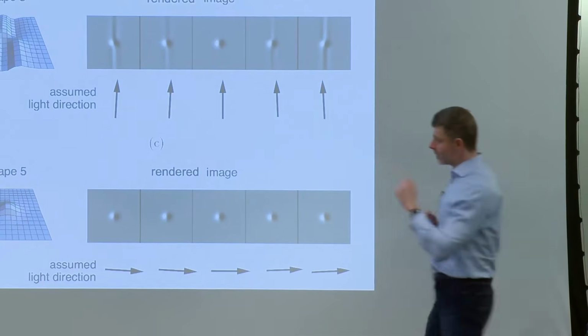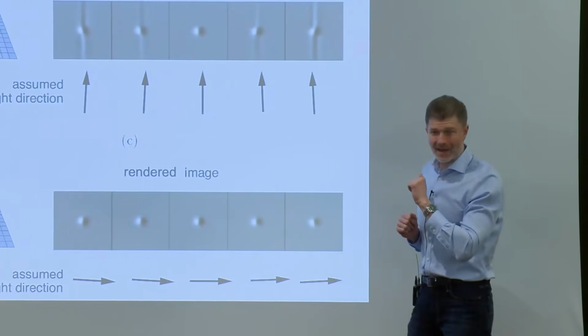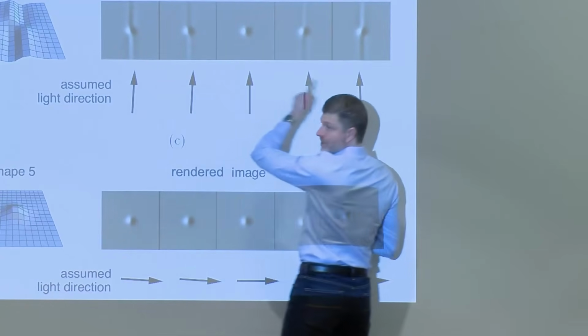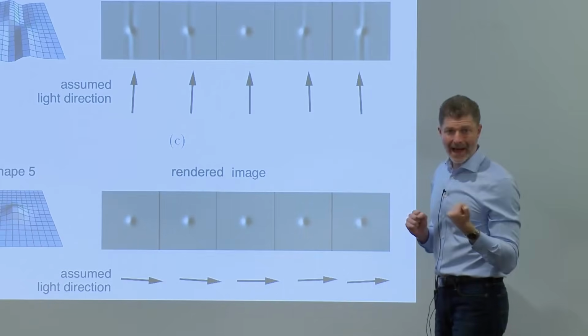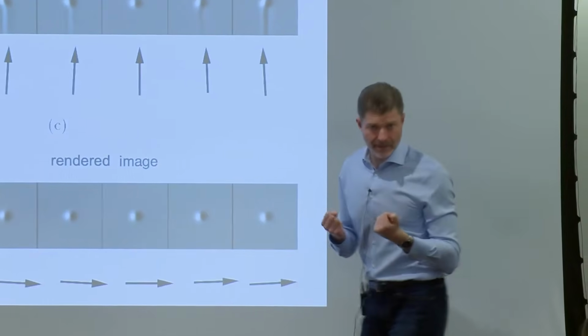So we're taking an integral, remember, over the illumination direction. And that integral is going to add up the likelihood for each of these images. The likelihood will be high whenever the rendered image is similar to the observed image.